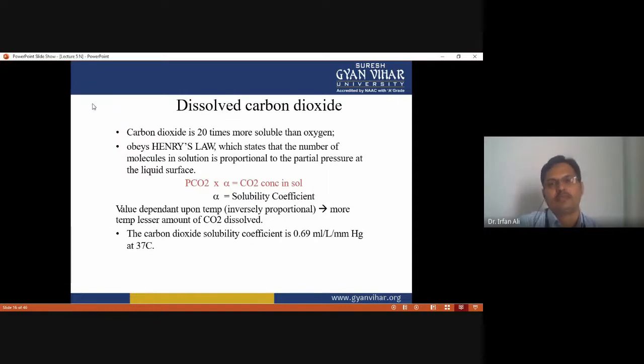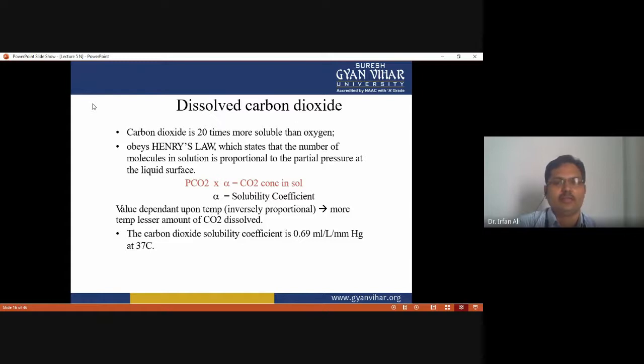Okay, so some of the carbon dioxide is transported in the dissolved form. Carbon dioxide is 20 times more soluble than oxygen, hence it obeys Henry's law, which states that the number of molecules in solution is proportional to the partial pressure at the liquid surface. That's why the partial pressure of CO2 times the solubility coefficient equals the carbon dioxide concentration dissolved in the solution.